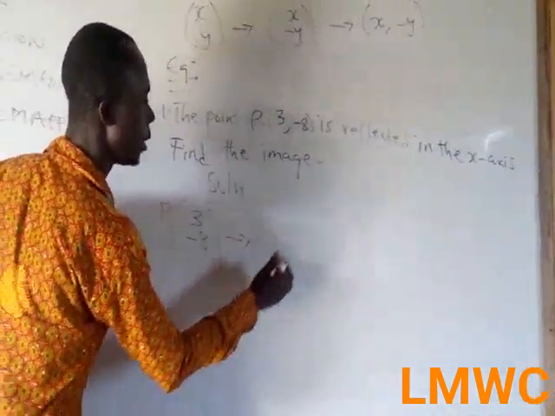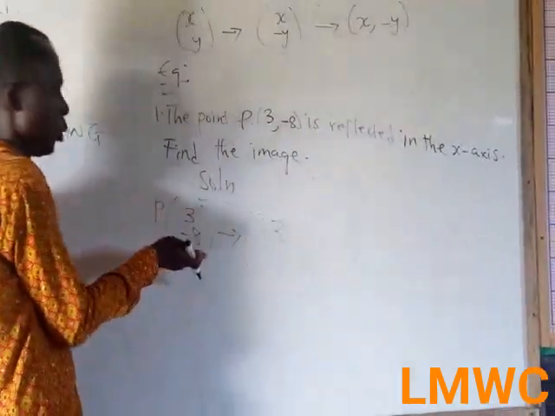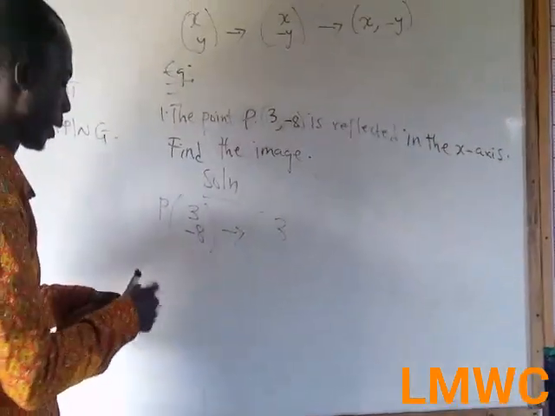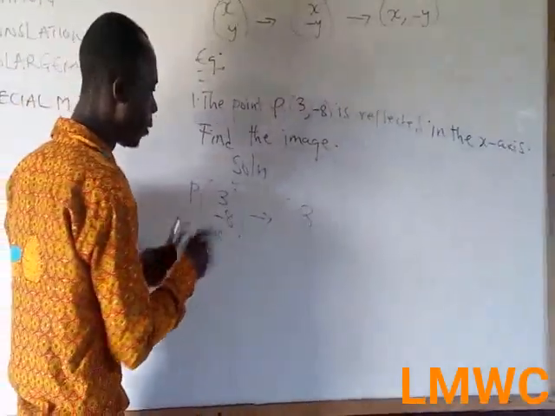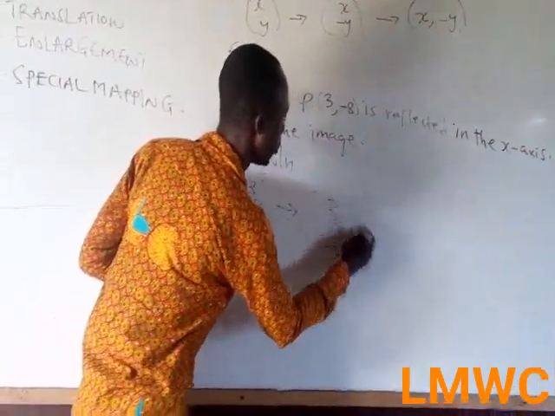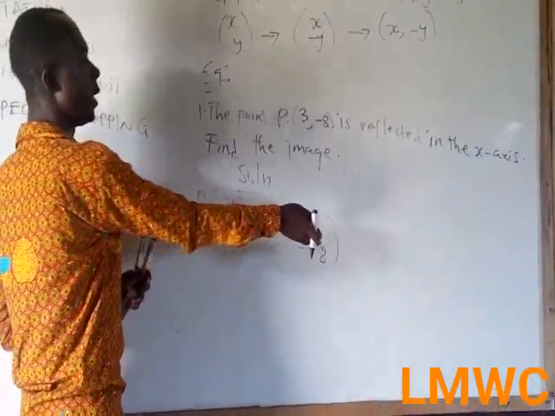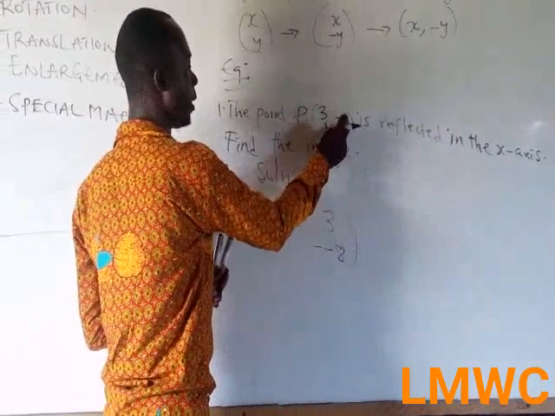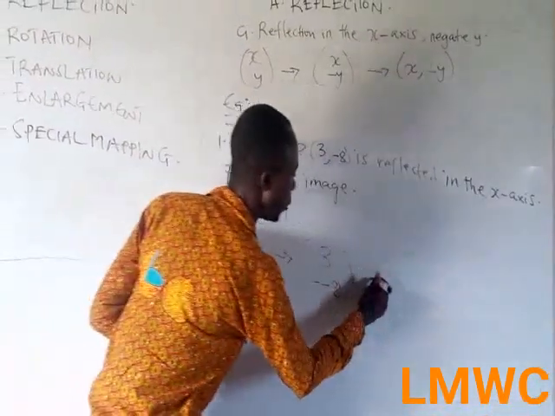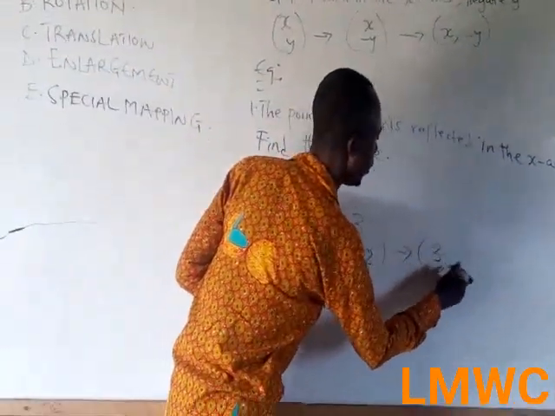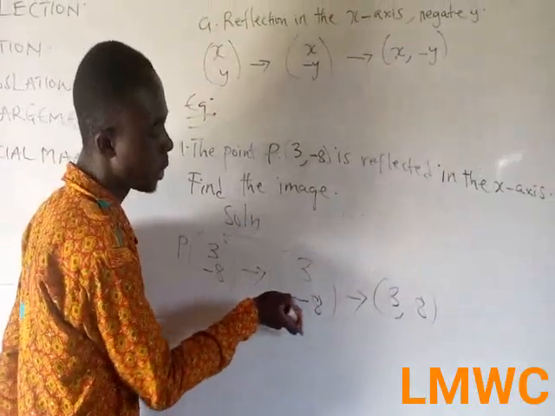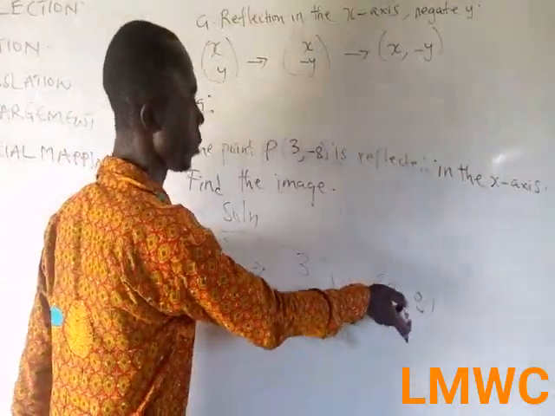So the image becomes 3. You see, you negate y. And once you are negating y, the negative becomes two negatives, because if you negate it, we have one negative here. So it becomes positive. So we have (3, 8). Once two negative signs meet, it becomes positive.